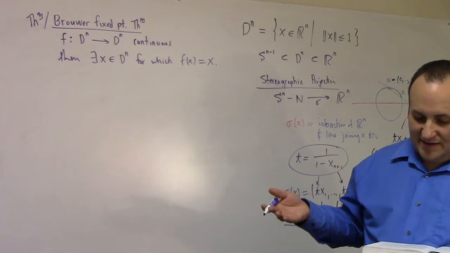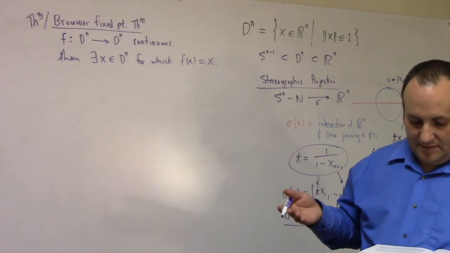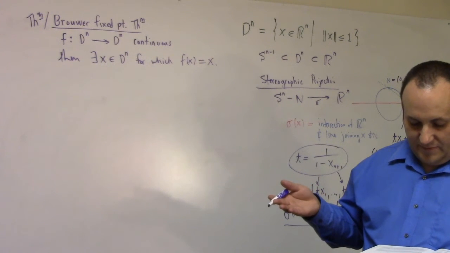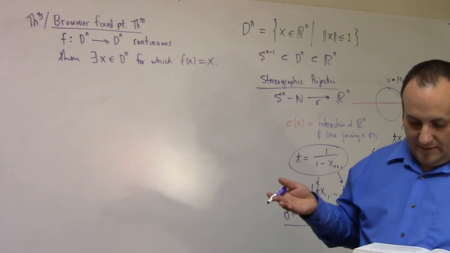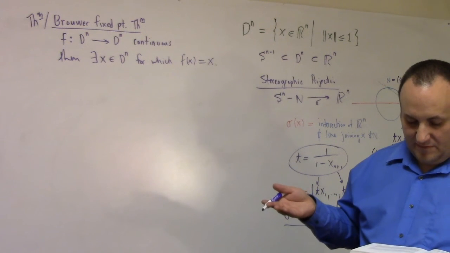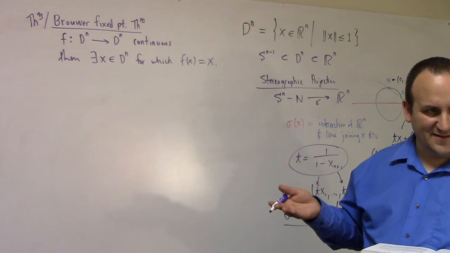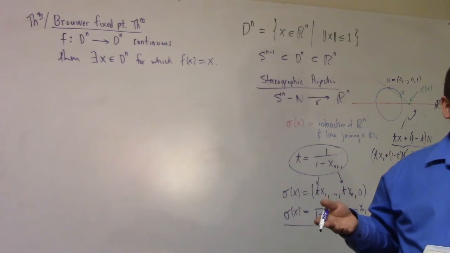But then he goes on to say that nobody knows how to adapt this elementary topological argument for n larger than 1. So he says there's a proof using the simplicial approximation theorem by Hirsch, and there are proofs by analysis, Dunford and Schwartz. Dunford and Schwartz is a functional analysis book. He tells us a little later in the section that the fixed point theorem is also known for infinite dimensional spaces.